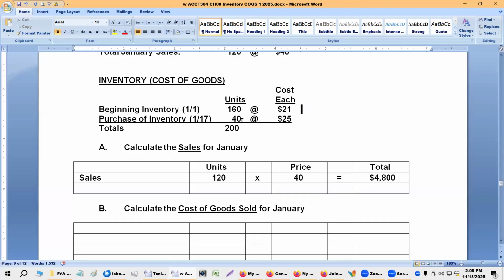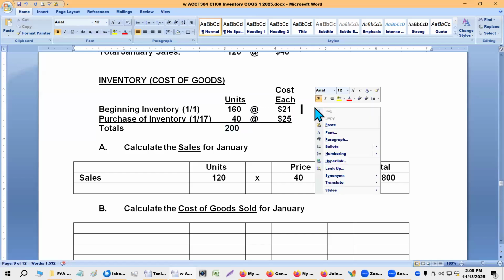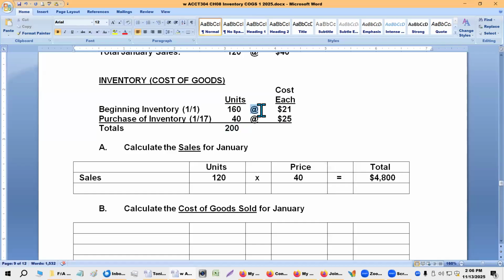So we're going to take our total cost and divide it by this 200, and that'll give us our per unit. Okay, so 160 times 21. So we need the total cost. So 160 times 21 is 3,360.